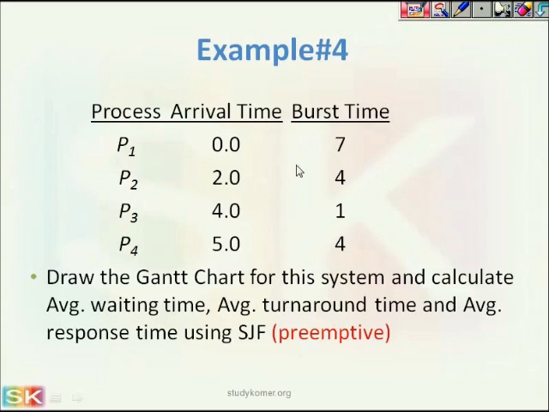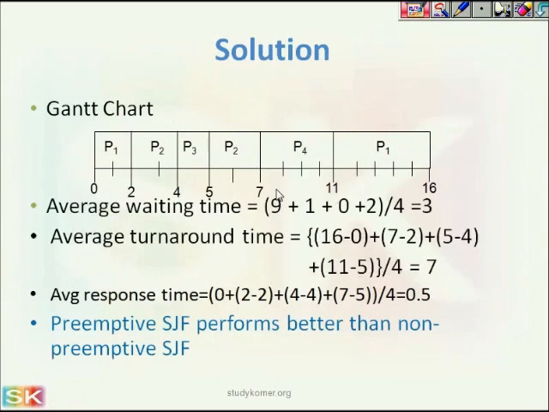So out of these 3 processes P1, P2, P4, P2 has the smallest burst time, that is 2 units. So next after P3, P2 will continue, right? So after P3, P2 will continue from 5 to 7.